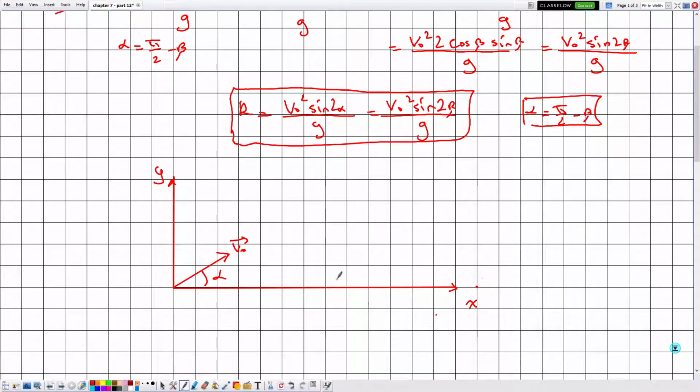So the expected range, suppose it's something like this. So this is the range.